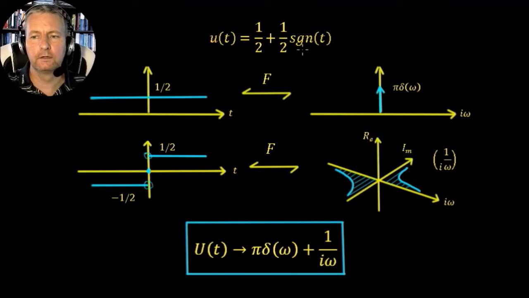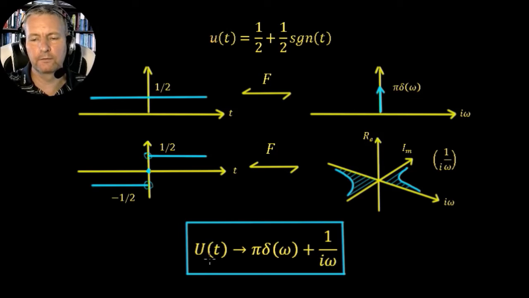Now we know that the Fourier transform of the signum function can be written as 2 upon i omega from the previous slide, but this is going to be simply half of it. So rather than have 2 upon i omega, it would just be 1 upon i omega. So we've drawn these two functions out here, and the Fourier transform of the step function is simply the addition of these two.